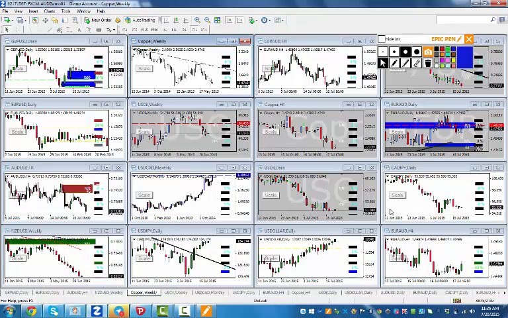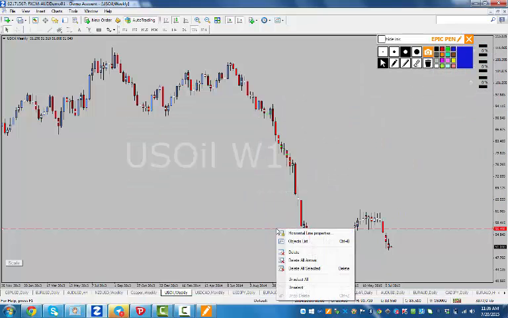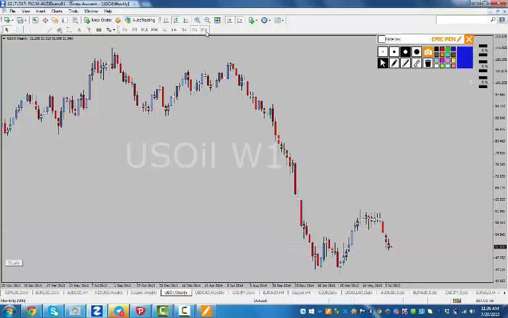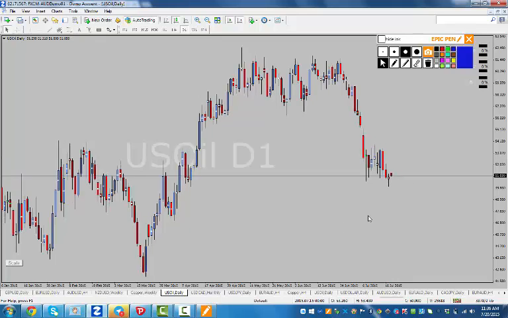Okay, let's take a look at the next pair, dollar CAD. Before I look at dollar CAD, let's take a look at the oil. Now, what happened to the oil? Right, it has been down, right? Weekly, monthly, daily. Right, so oil price has been down. Now it's $51. Last week it went as low as 50.11.